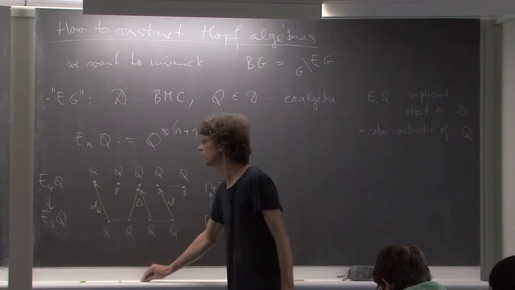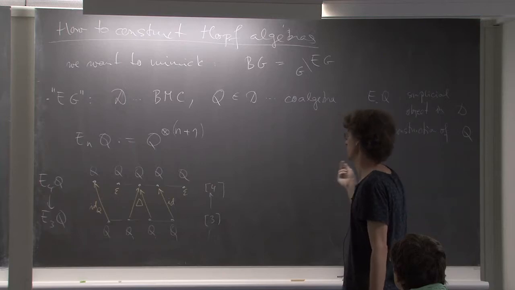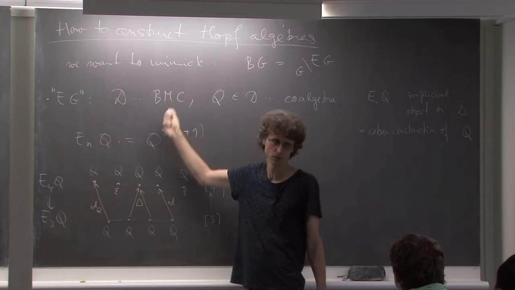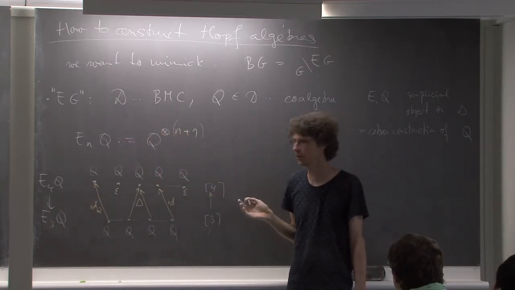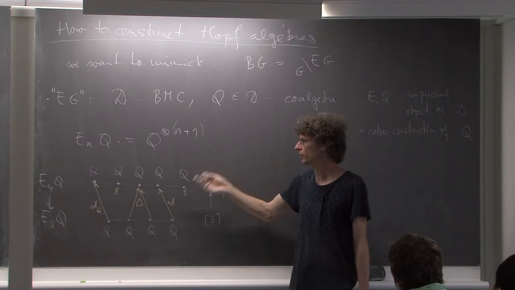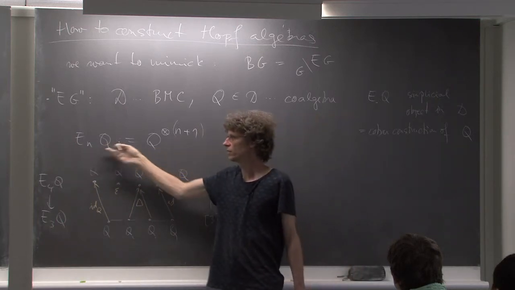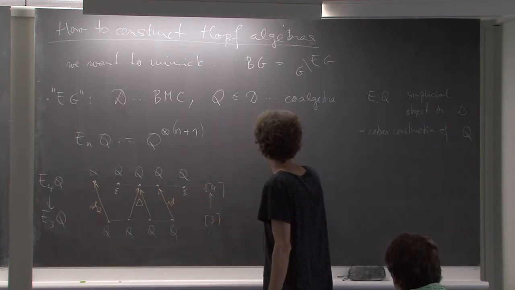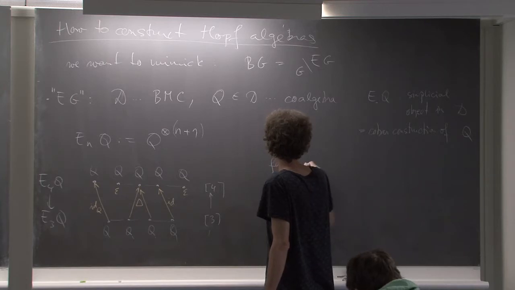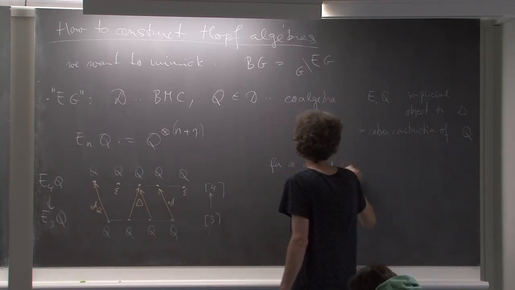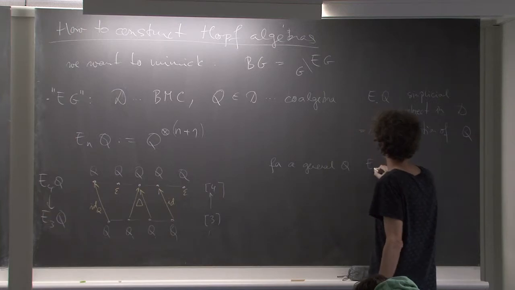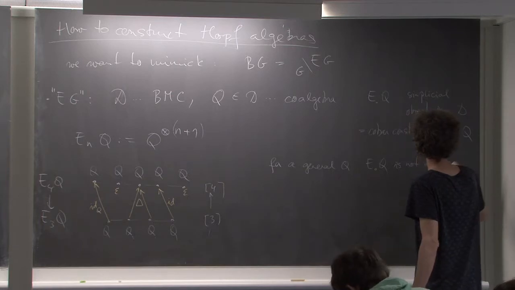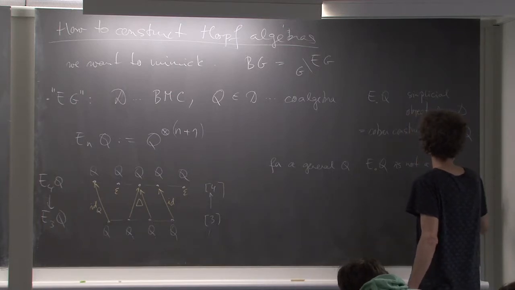Now a little trouble, depends. Here we never used the fact that D is a braided monoidal category. It's just a monoidal category, which is perfectly okay. But the problem is that in a braided monoidal category, for general Q, this EQ is not a simplicial coalgebra.